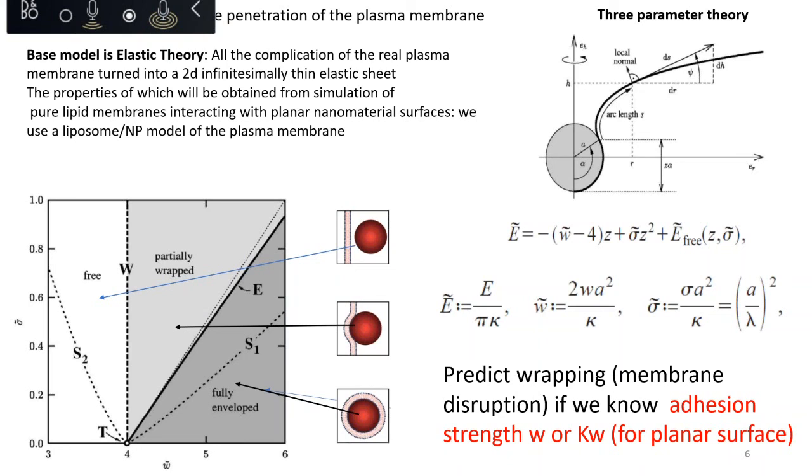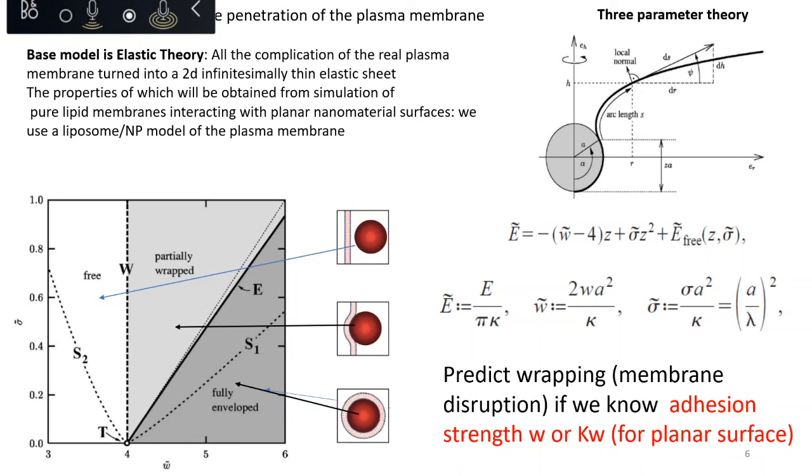You can see on the screen there's a phase diagram which plots reduced tension on the y-axis, and reduced absorption strength, or free energy of absorption, on the bottom. Just like a fluid phase diagram, if W or omega there is small, or less than 4, then the particles don't adhere. So there'd be no entry into or through the membrane.